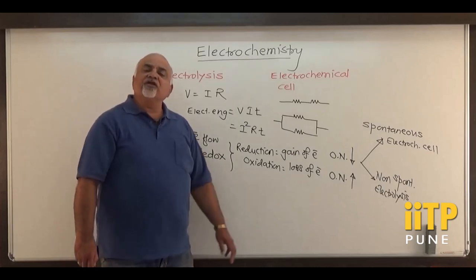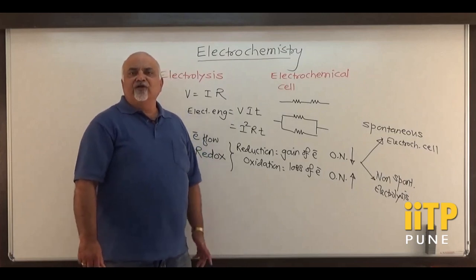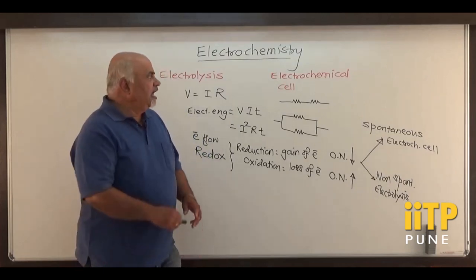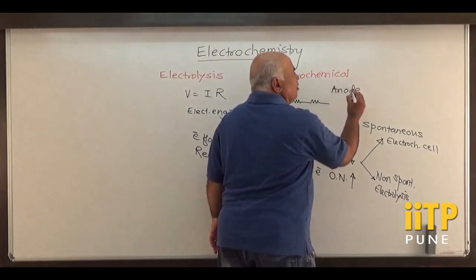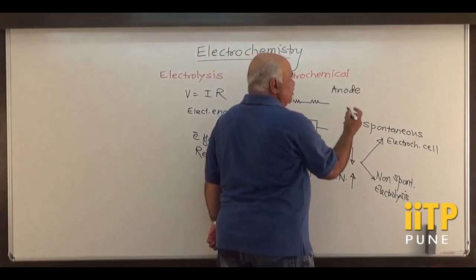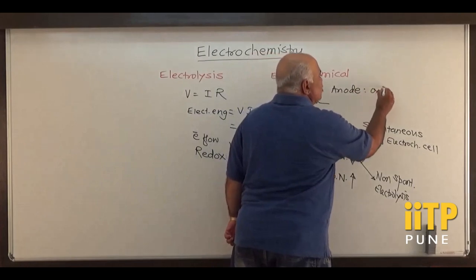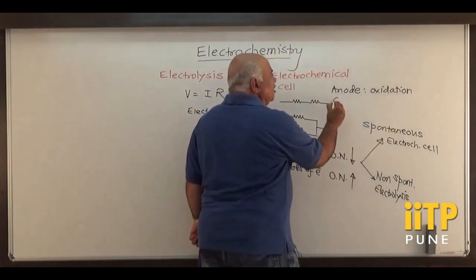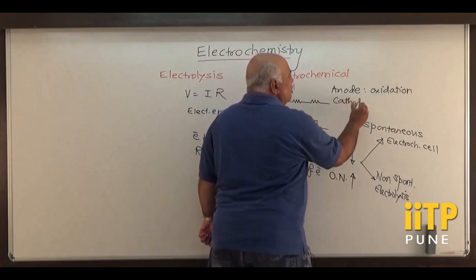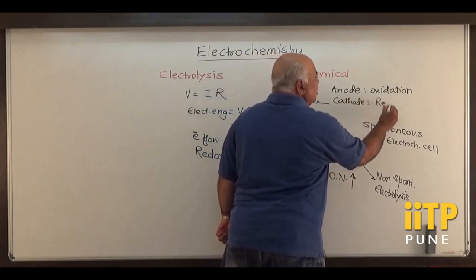And here the question should come in your mind, what is this anode and what is this cathode? Anode is the electrode system having always oxidation. Anodic oxidation is the terminology. Cathode is the electrode where there is always reduction.